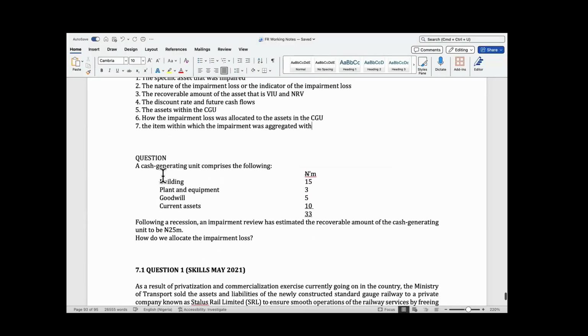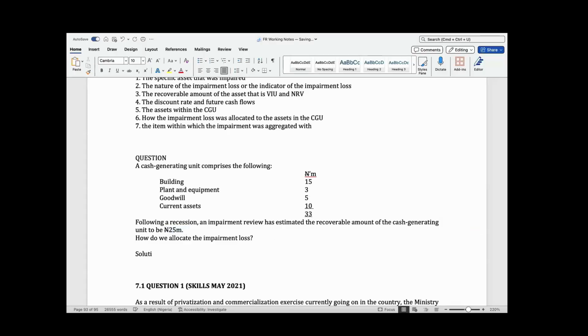So there's a simple question that I quickly want to look at. There's a CGU that comprises building, plant and equipment, goodwill, current assets. Following a recession, an impairment review has estimated that the recoverable amount of the CGU is 25 million. So how do we allocate the impairment loss?